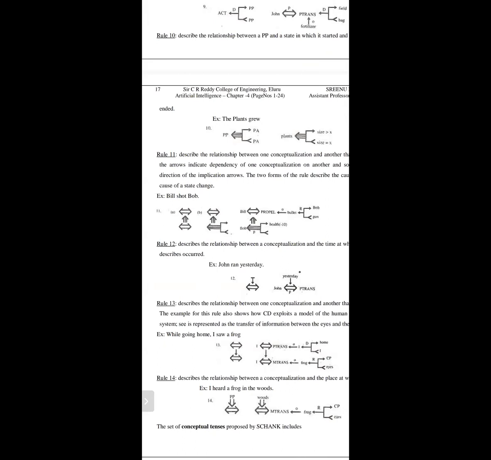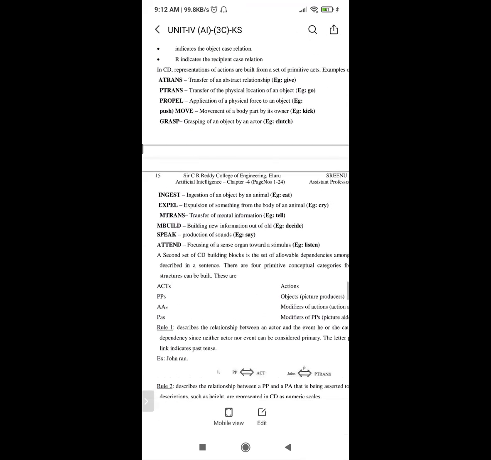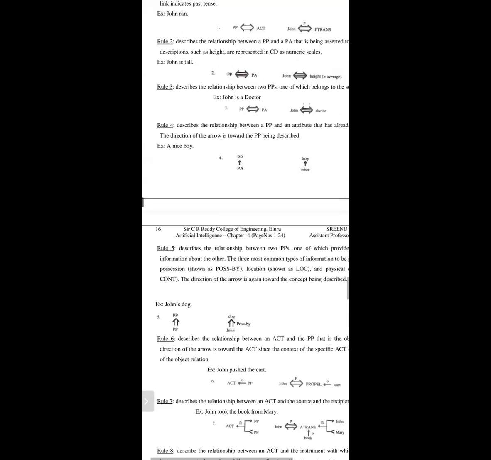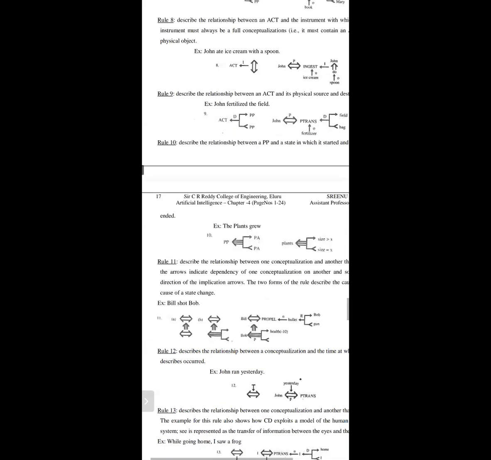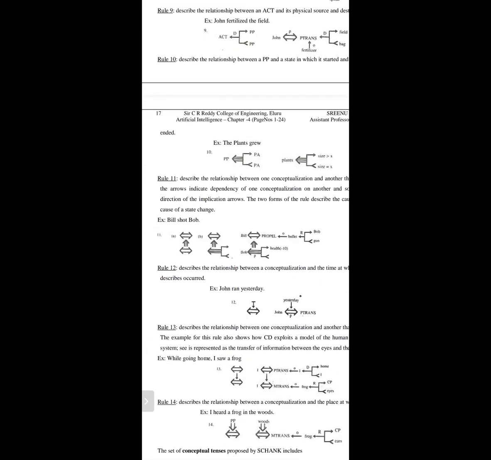So Bill, propel. Propel means he's applying. I told you about propel here, right? Propel means the application of physical force to an object. Here, propel means he is applying some force on the object, right?